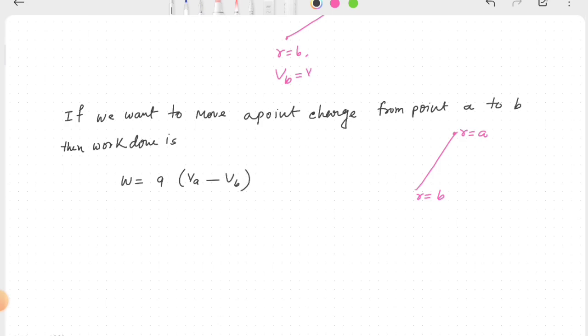So this is a very simple expression also. You already know.